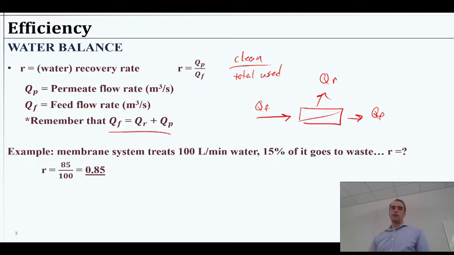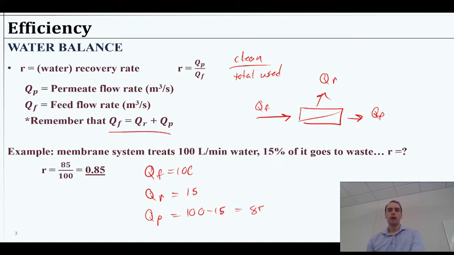So here we say out of those 100 liters per minute, 85 of them make it through as clean water, and 15 of them go elsewhere. So you could write that as QF equals 100, Q for the waste, that retentate we were given as 15, and then in this case you could say QP is 100 minus 15, which equals 85, and then you take 85 over 100, 0.85, right?